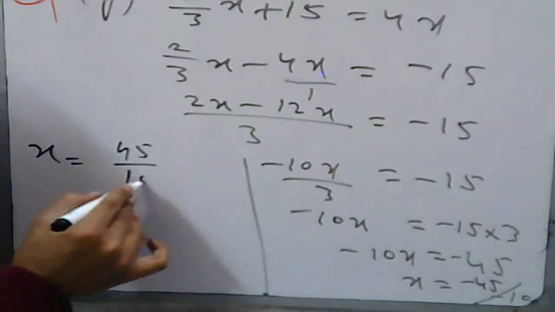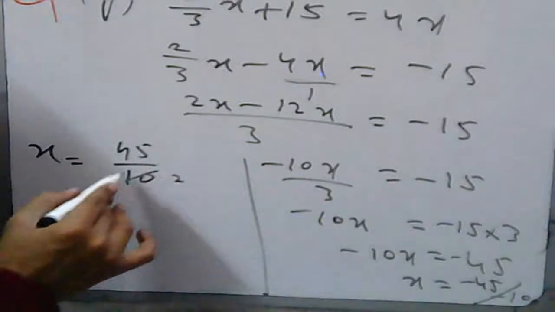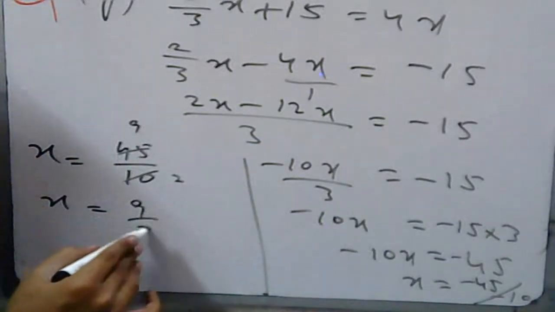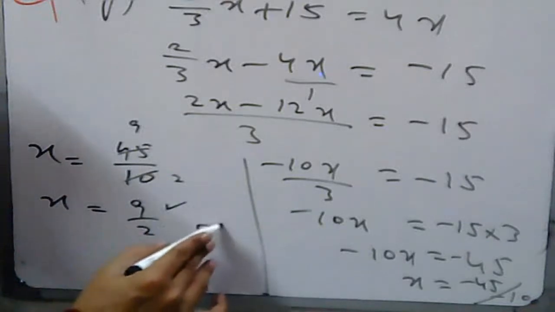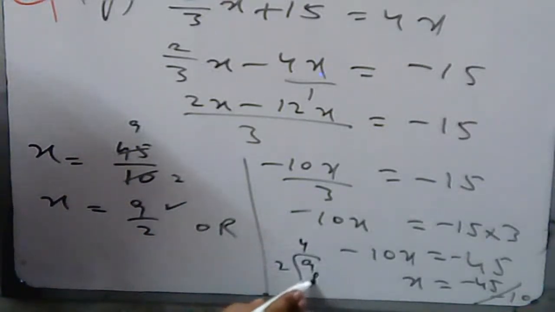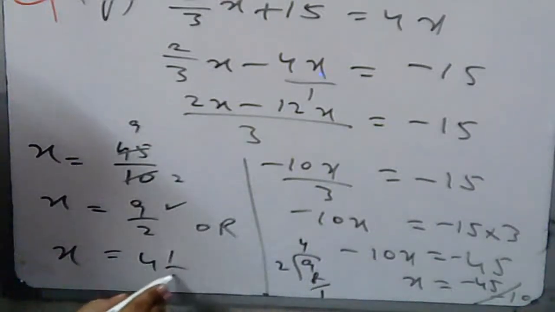If you have a table, 5 twos are 10 and 9 fives are 45, so 9 by 2 is your required result, or in mixed form, 9 divided by 2, 4 twos are 8, remainder 1, so 4 whole 1 by 2 is your required result.